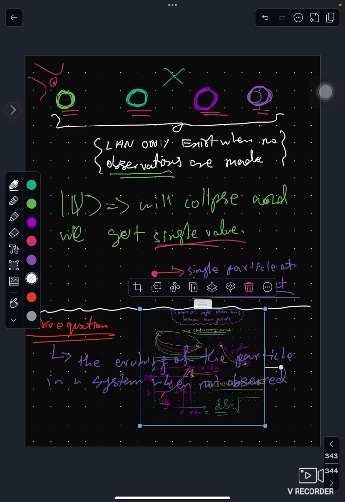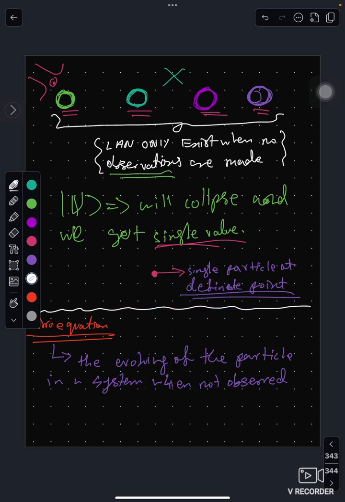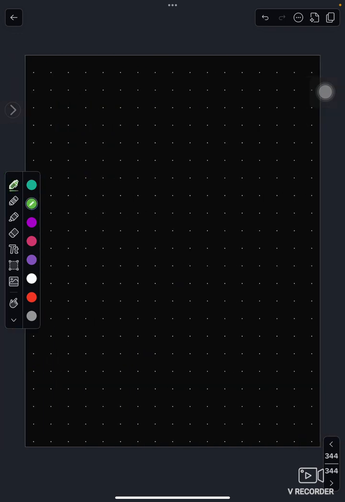Meaning, if we have a particle at this point, let's suppose x and y, and time. This cross means there's no observation.